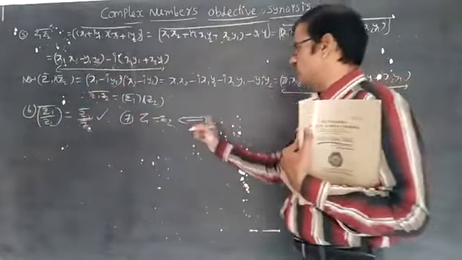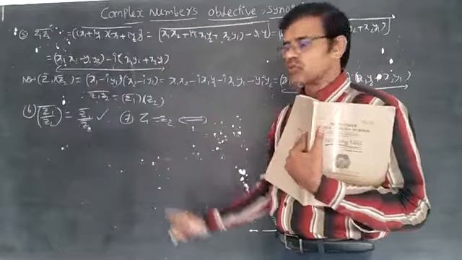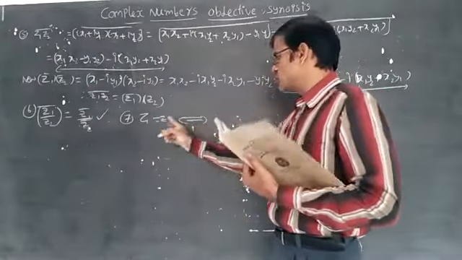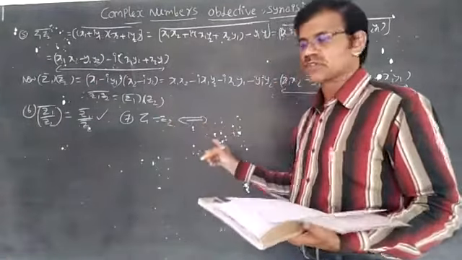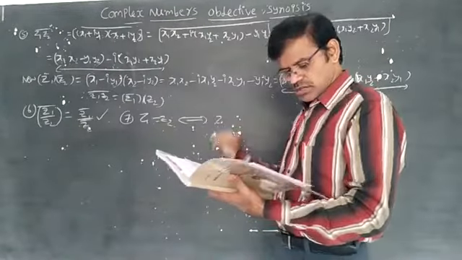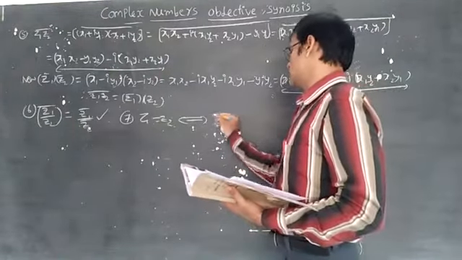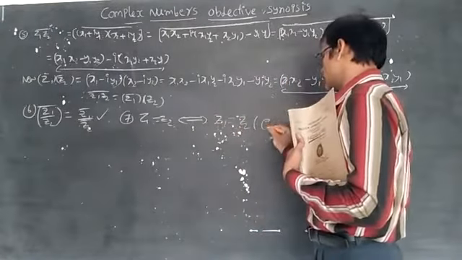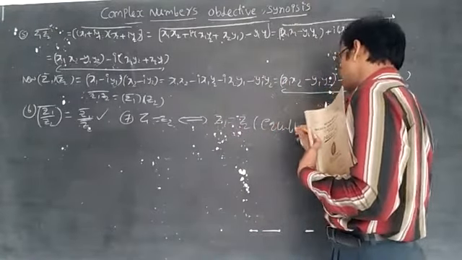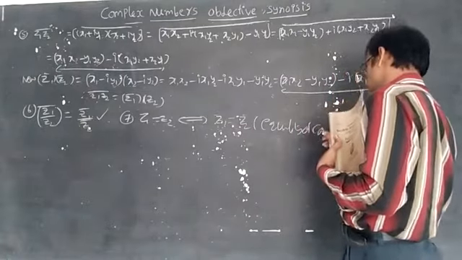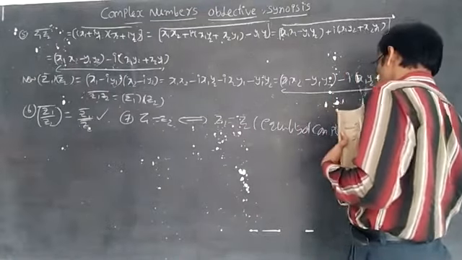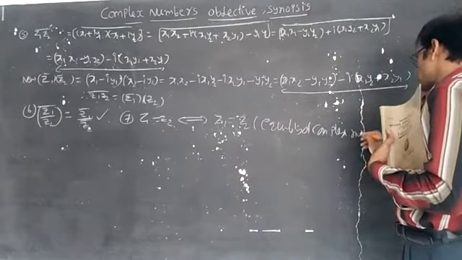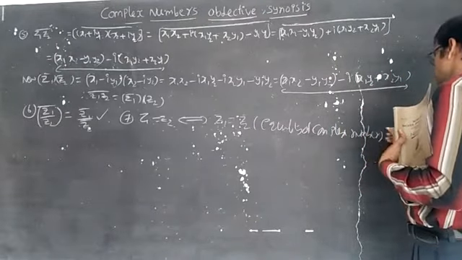The statement is z1 bar is equal to z2 bar. Write within the brackets: equality of complex numbers. This property is known as equality of complex numbers.